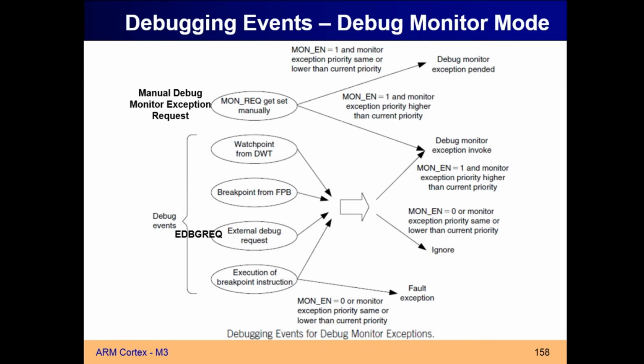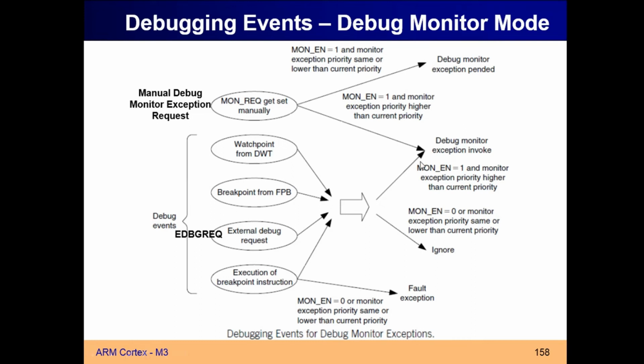that is being executed, debug monitor exception will be pended, because the processor is executing something else which has higher priority than the debug monitor exception. But if the monitor enable bit is 1, because debug monitor is enabled, and this exception has higher priority than the current process which is getting executed, what will happen?